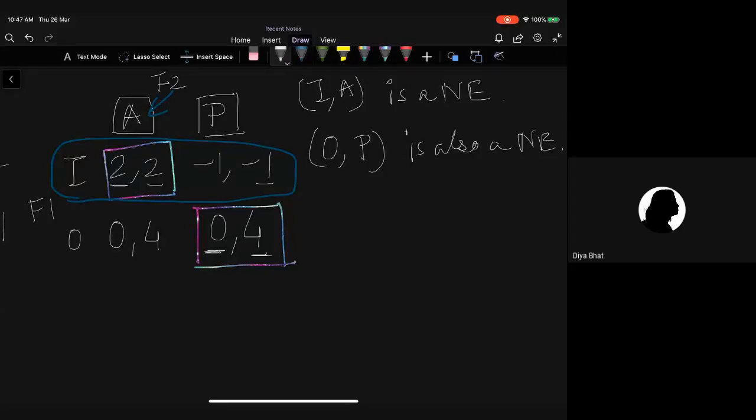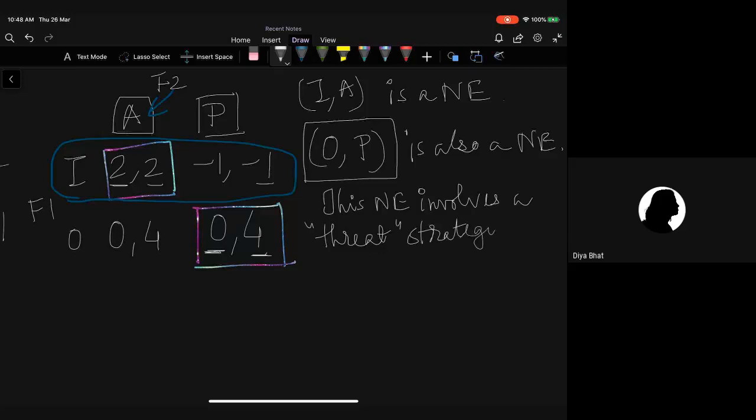So this Nash equilibrium involves a threat on the part of the second mover, which is not credible. So this Nash equilibrium involves a threat strategy of firm 2 which is not credible.